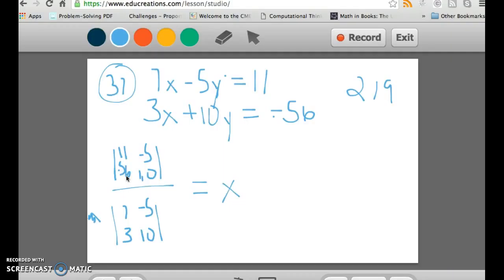So the determinant of this top one is 110 minus -56 times -5 is 280. So minus 280. That's the top determinant, right? The bottom determinant is 70 minus -15, which is 85.